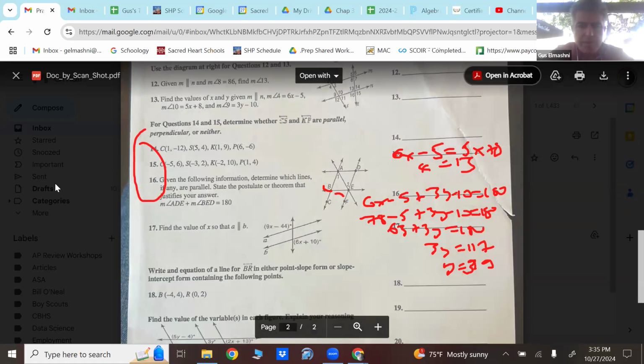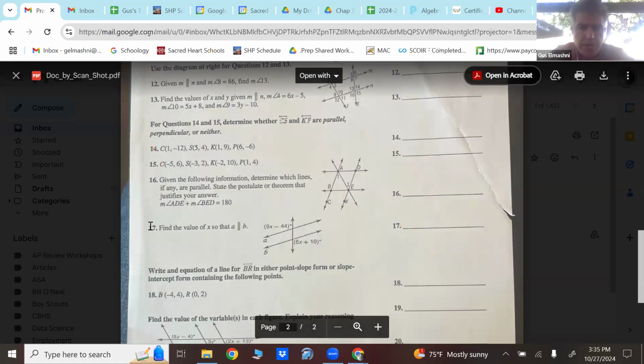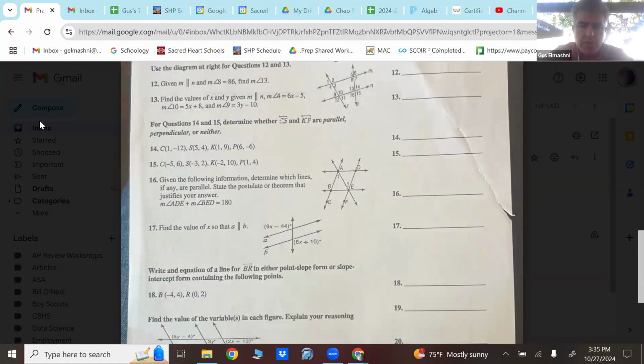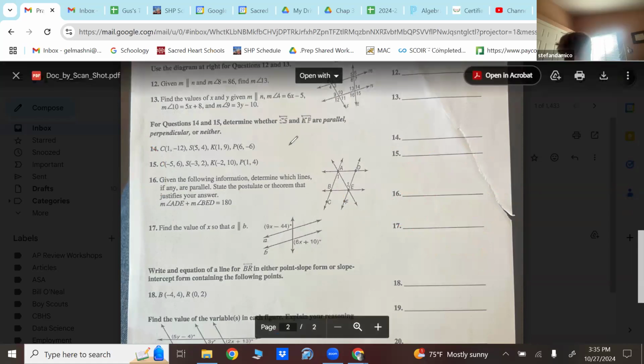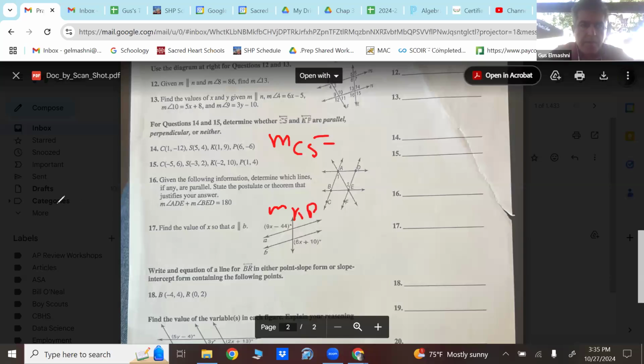So we have 14. I think that's CS and KP. So once you find the slope of CS and the slope of KP. Slope is a really simple problem. It's simply change in y over change in x.